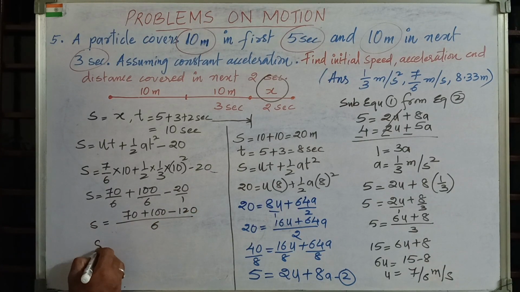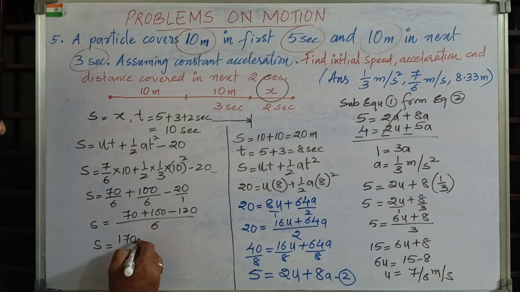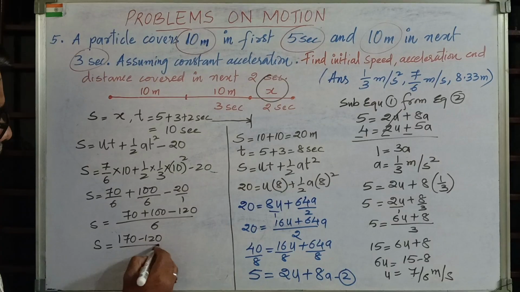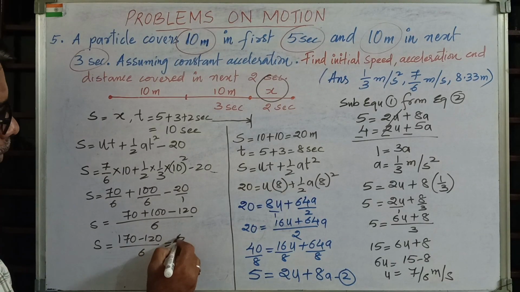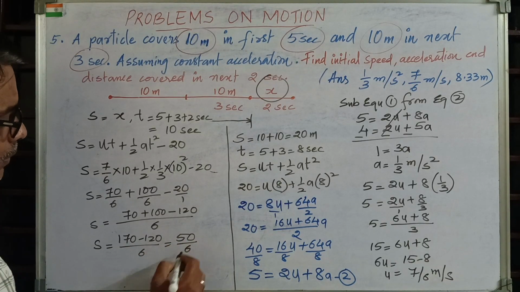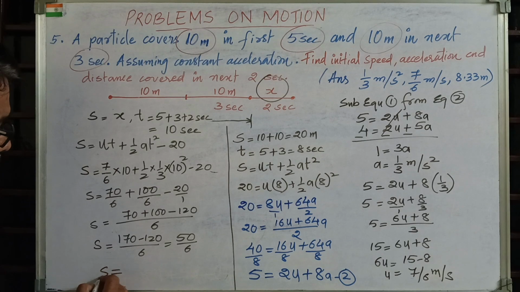S is equal to 170 minus 120 by 6, which is nothing but 50 by 6. Right, 50 by 6 will give the answer as 8.33 meter.